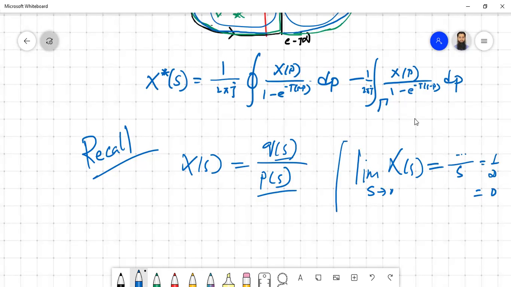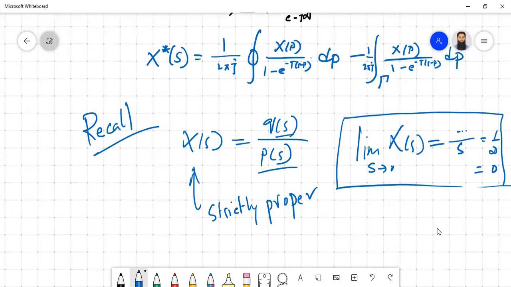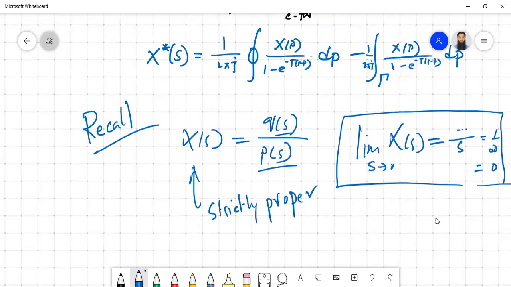That is why, if the function is strictly proper, we don't have to bother about the semicircle contribution, because it will always give 0 if you take the infinite semicircle. That will actually help us simplify our calculation.